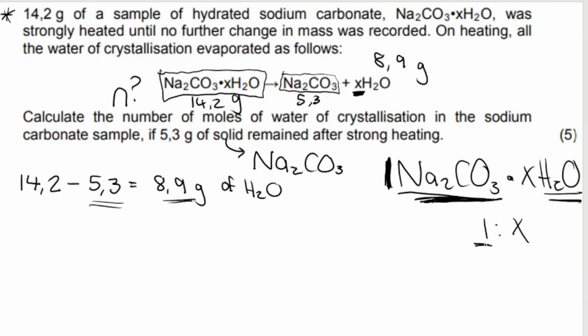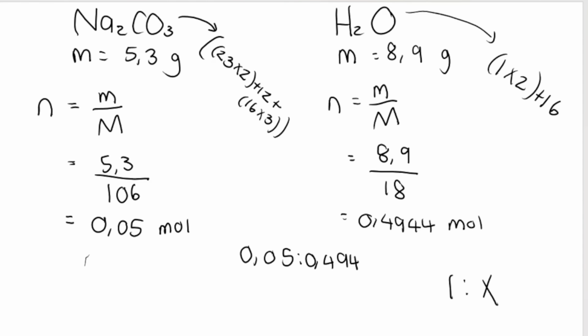So we need a 1 on the left-hand side of our ratio, and we're looking for X. So how do I simplify my ratio so that I have 1 on the left-hand side? I need a 1 over here. In order to get that to 1, I need to divide this by 0,05. What I do to the left-hand side, I do to the right-hand side, divide by 0,05. And you get 9,89, which is essentially 10.